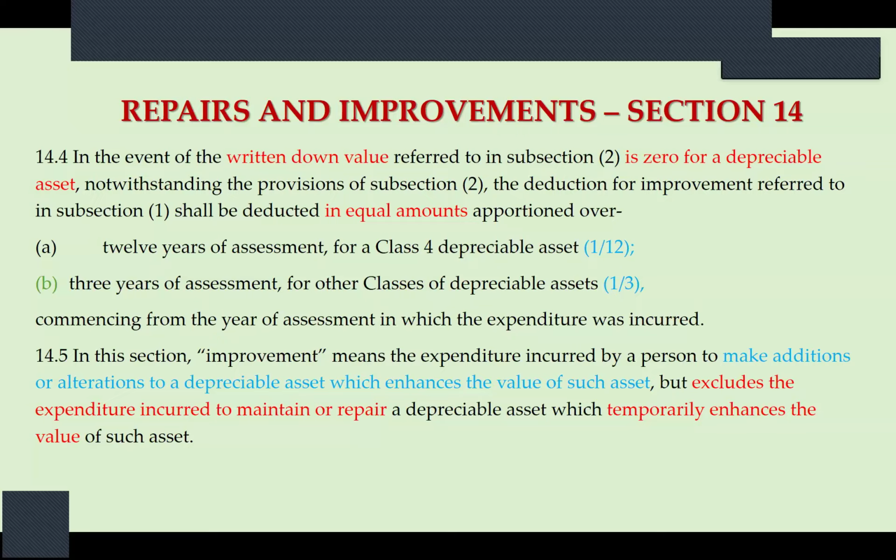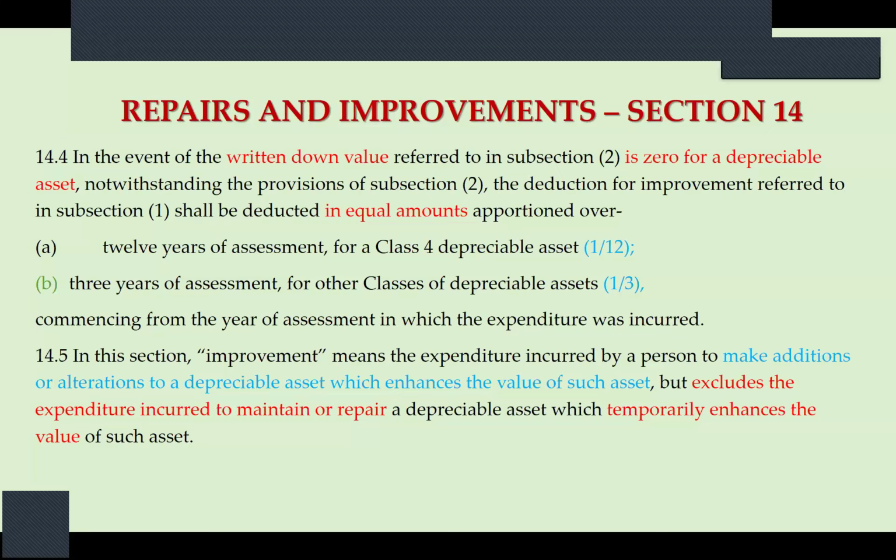So if we multiply that 0 value by 20% or 5%, what is the answer? The answer will be 0. That means after the depreciable period also we can incur some expenses for repair and improvement.